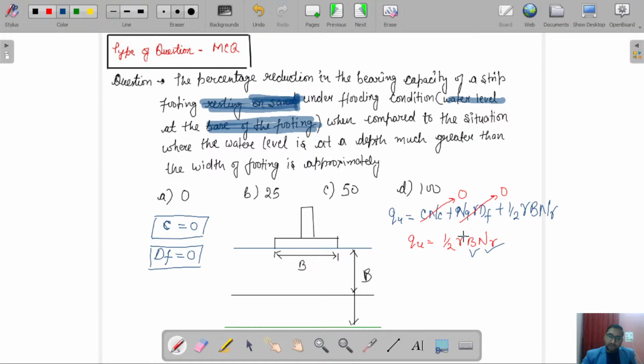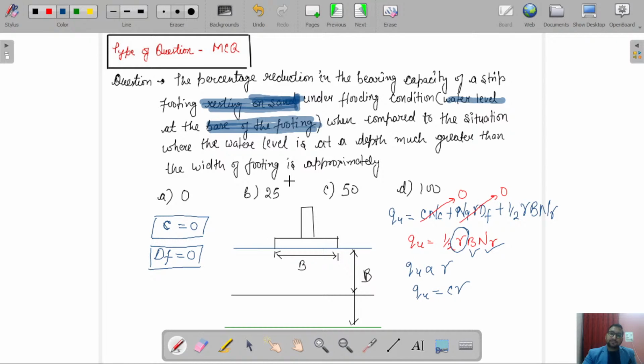The effect will be on gamma value. So can I say QU will be directly proportional to gamma, or you can say QU is some constant into gamma. So as the gamma value changes, your ultimate bearing capacity is going to change.